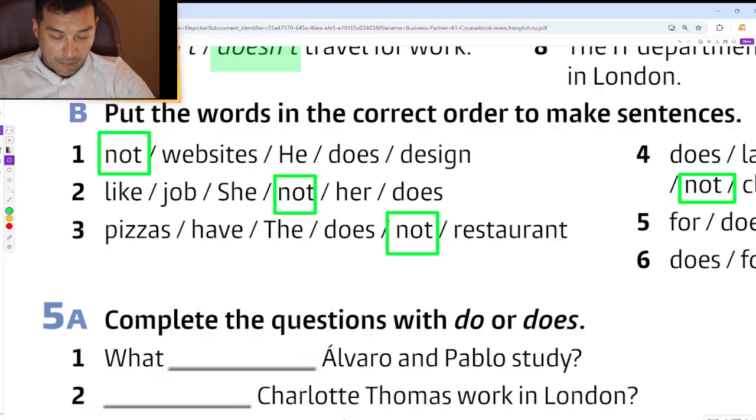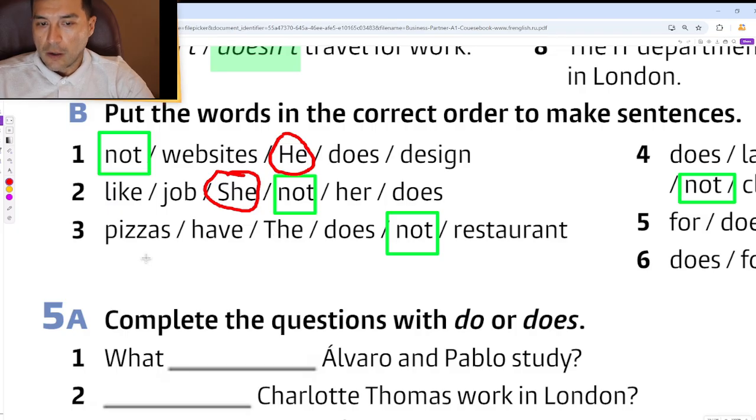We have not, websites, he does design. First tip, we always start with the people, or the pizzas or the restaurant. Things or people. Usually pronouns like he or she.